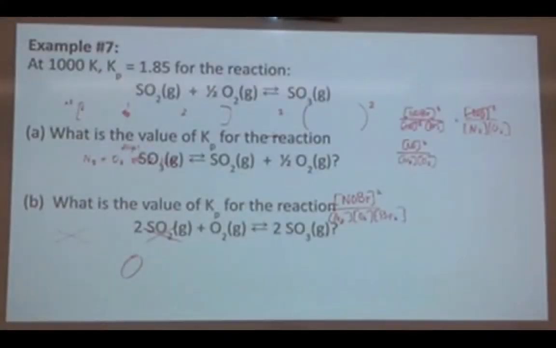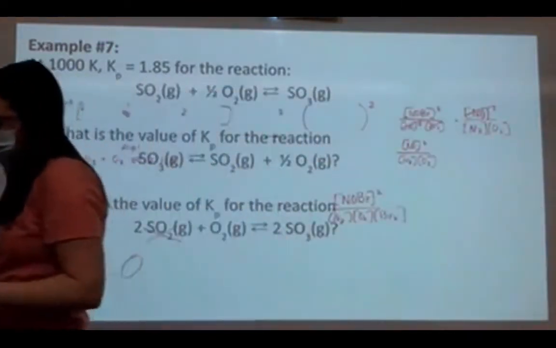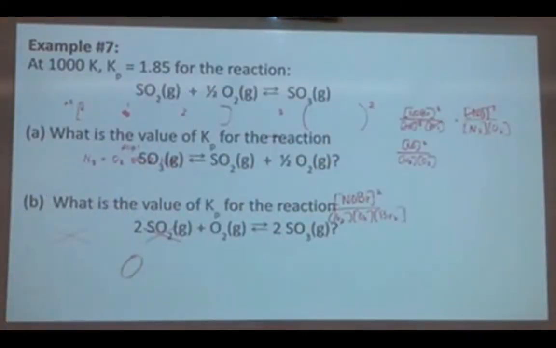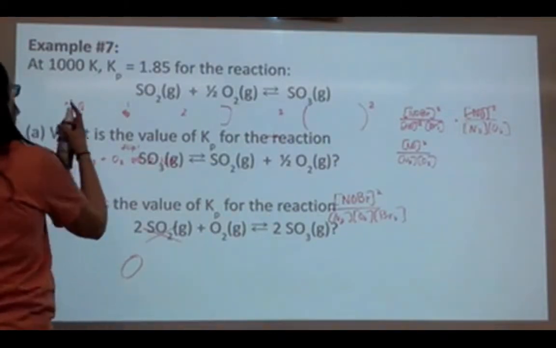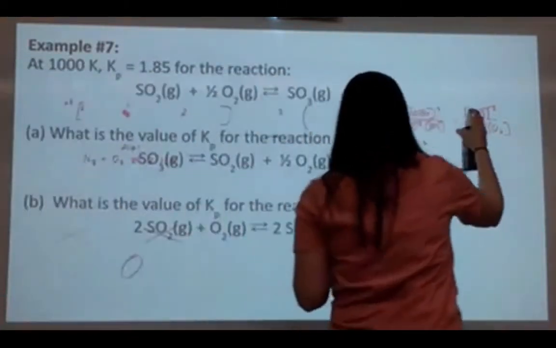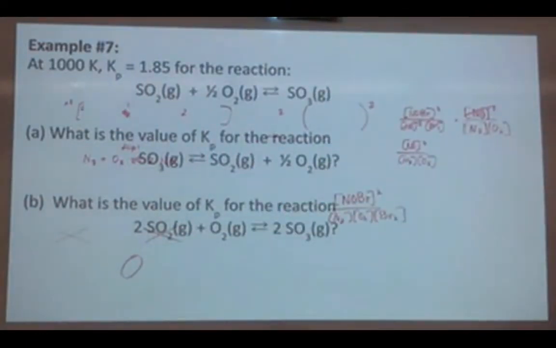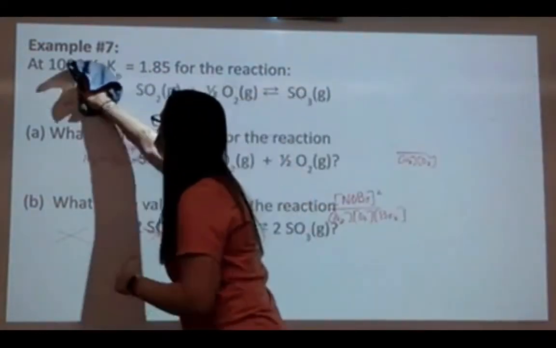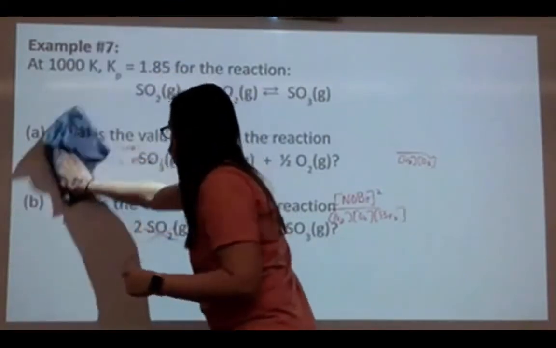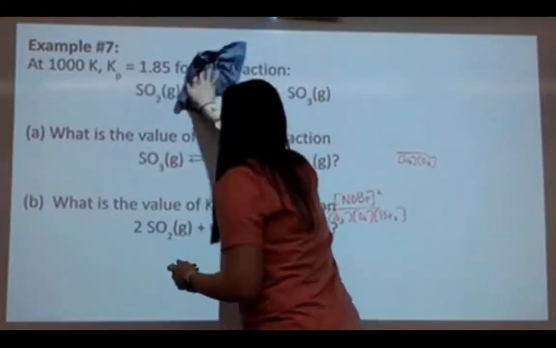So example 7, right now we're flipping back to the examples within the notes. So back to page 12. And this is an equation where we're going to look at how we can manipulate K values. So at 1000 Kelvin, Kp, so P just means we're dealing with pressure.